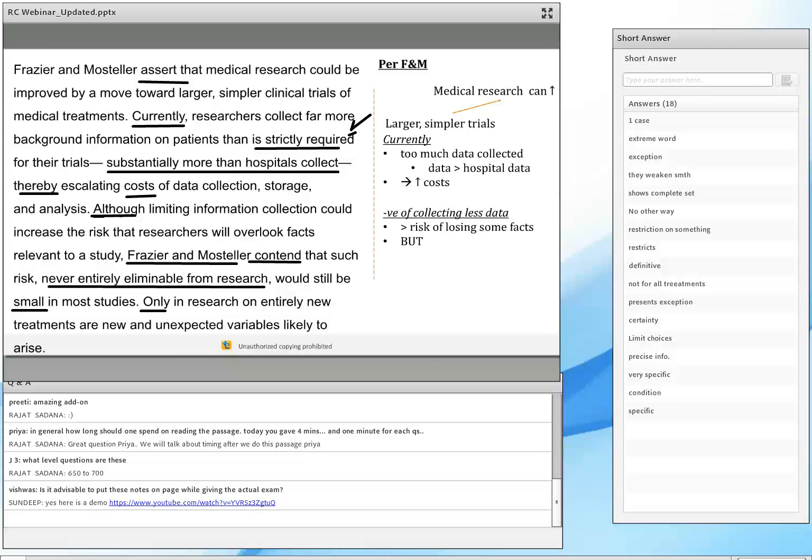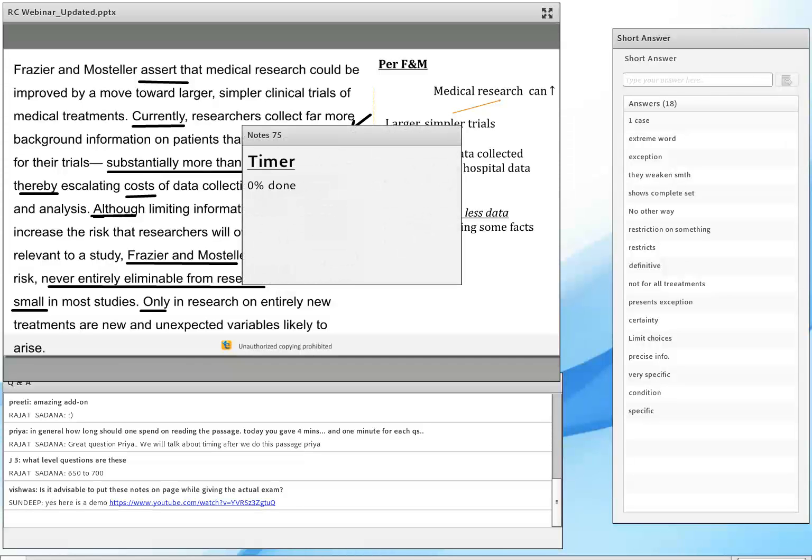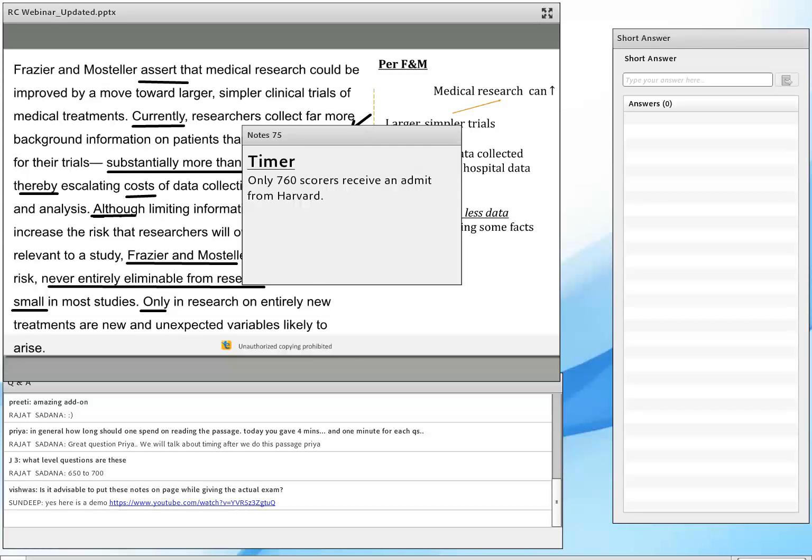And just to really prove my point, let me put in a notes pane over here. So when you say this statement, one thing is to say I need to have a score of 760 to get into Harvard.